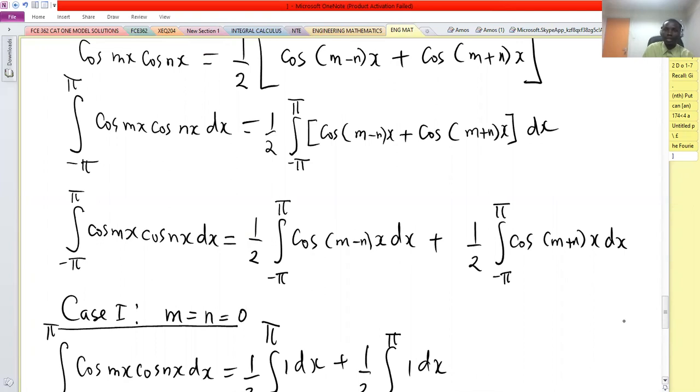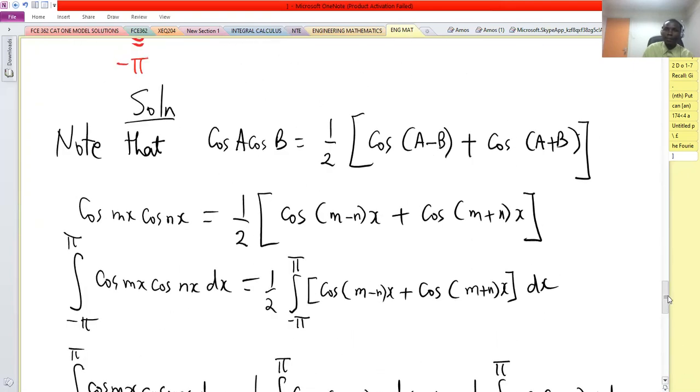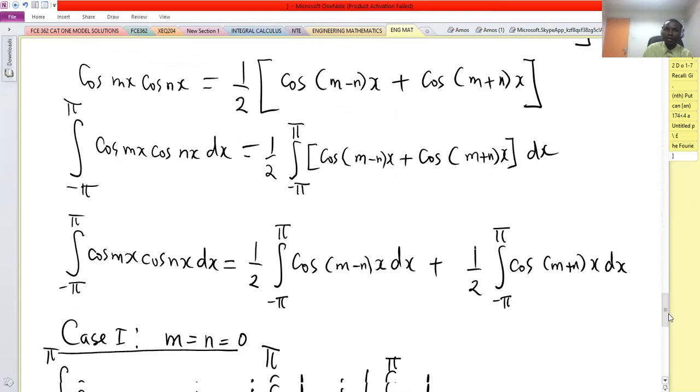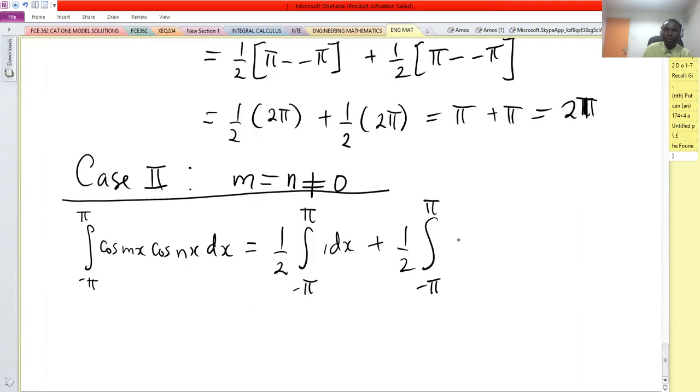So 0 times x is 0, cosine of 0 is 1, so 1 dx, plus a half integral from minus pi to pi. When m equals n, if we let n be m, it'll be 2m, so cosine of 2mx dx.